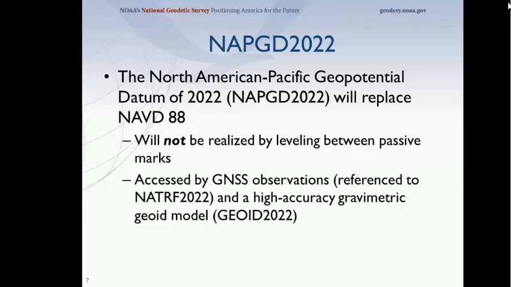Instead, if you want to do a survey and tie it to the National Spatial Reference System, the primary axis will be using GPS or GNSS. And then you correct your GNSS observations using what we're working on right now, a very high accuracy gravimetric geoid model, which is going to be named Geoid 2022.